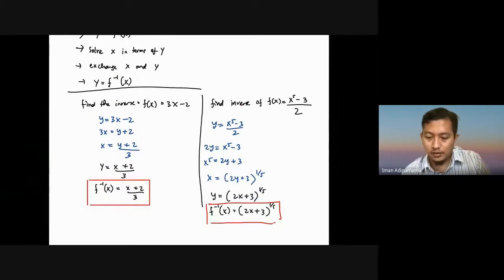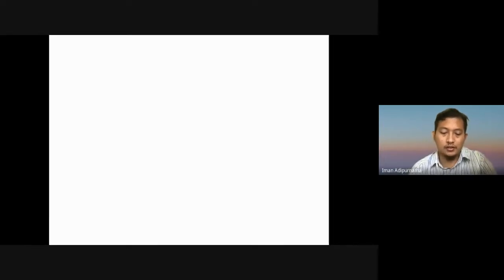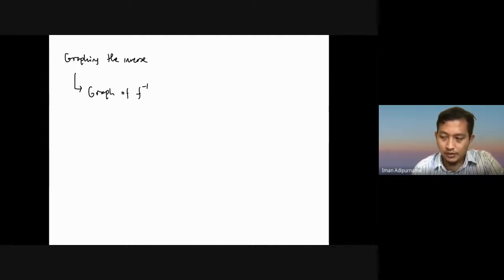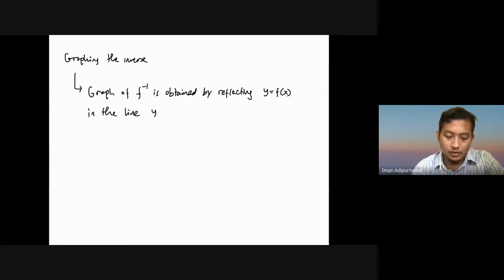Lastly for today, let me tell you how to find the graph of an inverse. Graphing the inverse. The graph of the inverse, f inverse, is obtained by reflecting the graph of f in the line y equals x.